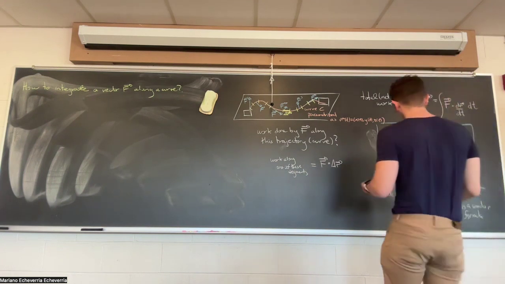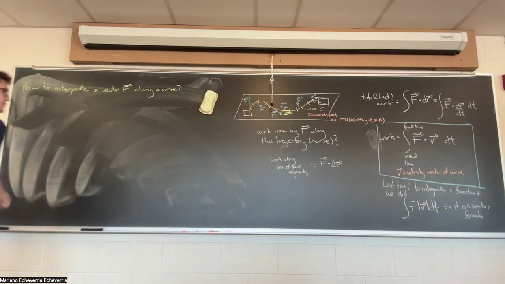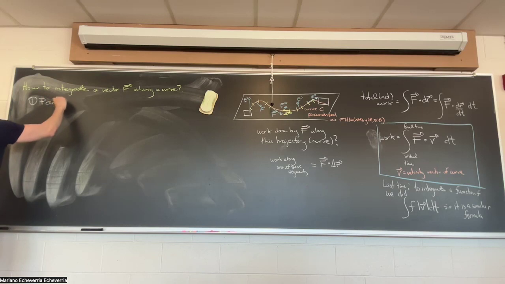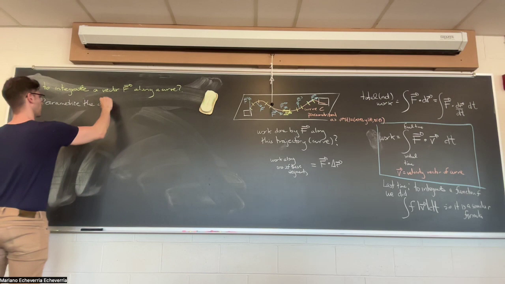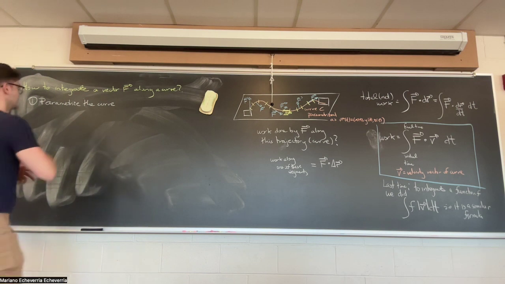The steps are very similar to what we did last time. Step one is to parameterize the curve. That means you write the position vector of the curve in terms of t.